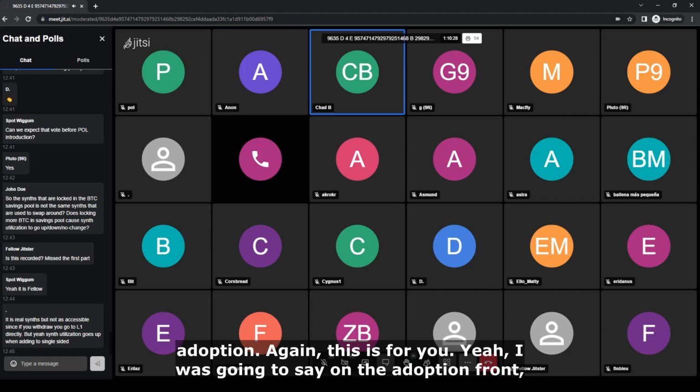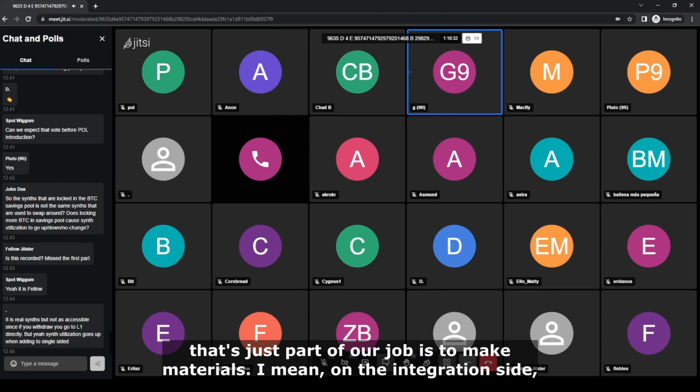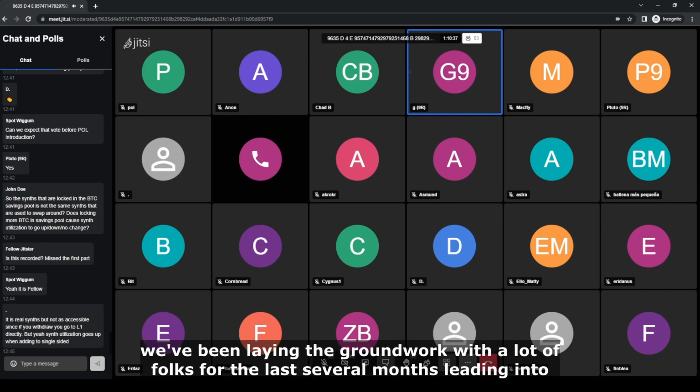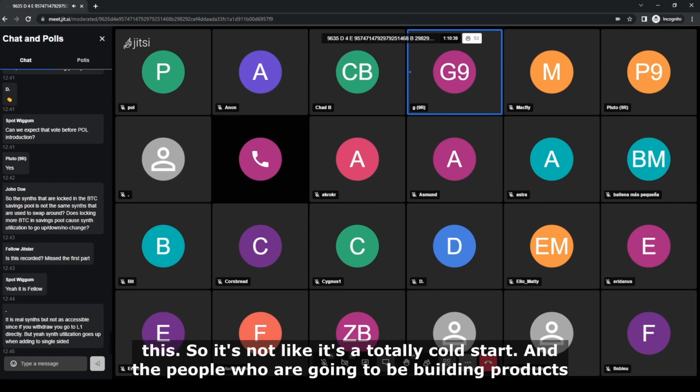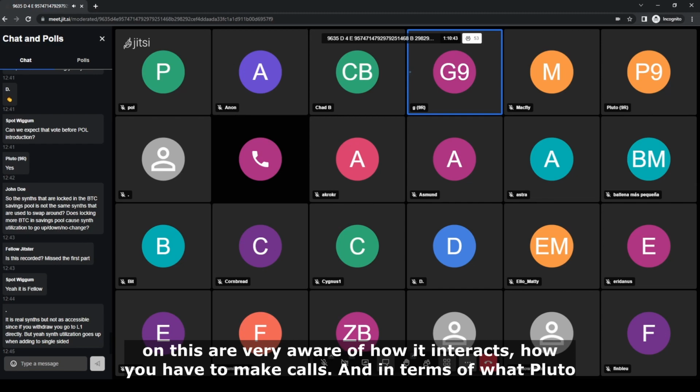Gavin, this is perfect for you. Yeah, on the adoption front, part of our job is to make materials. On the integration side, we've been laying the groundwork with a lot of folks for the last several months leading into this, so it's not a totally cold start. The people who are going to be building products on this are very aware of how it interacts and how you have to make calls.